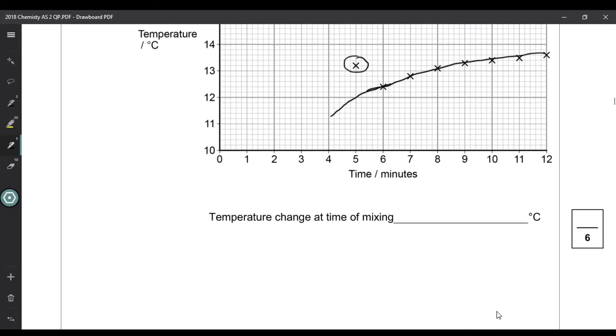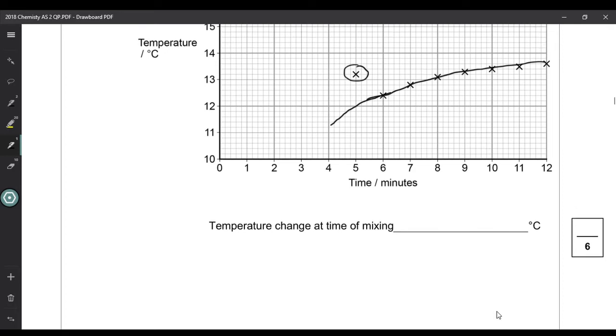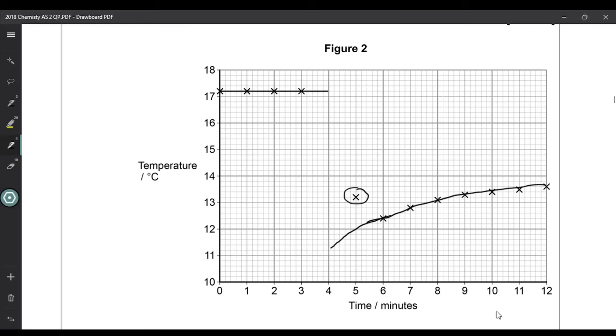So in this case, the temperature change when mixing would be what we started off at, which is 17.2. So this up here is 17.2. Then we take away whatever value we've got down here.